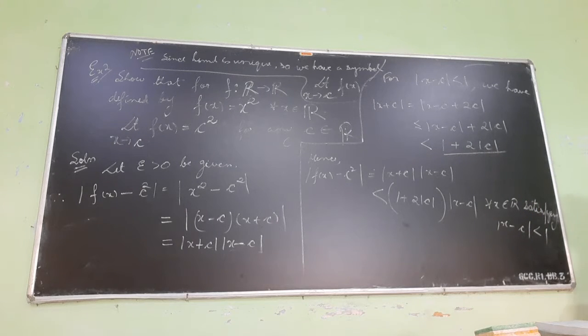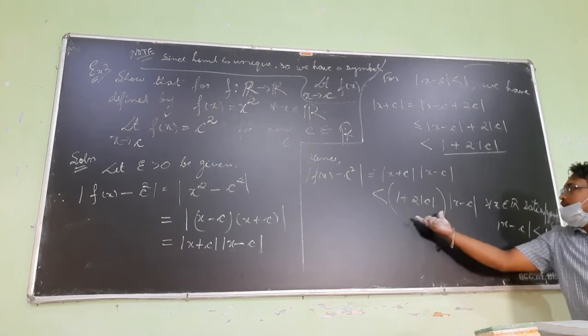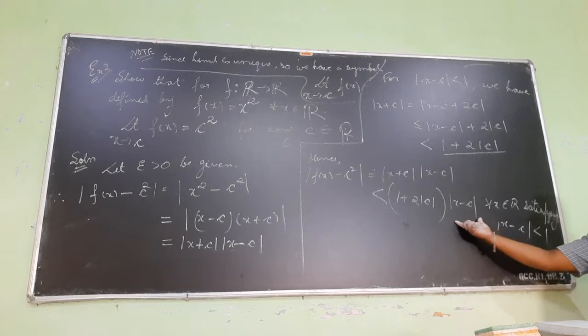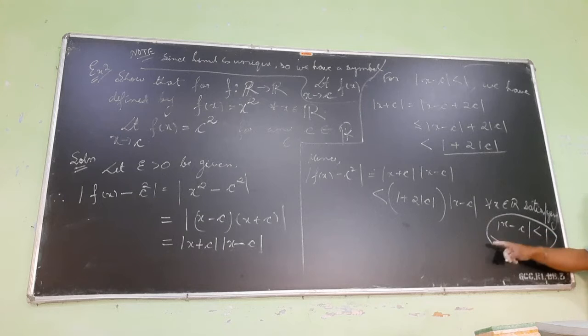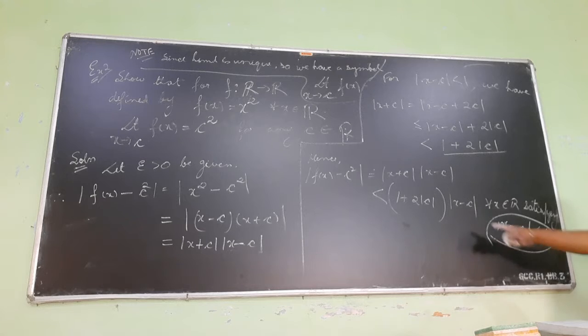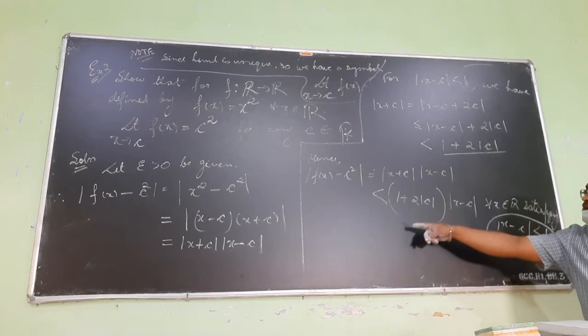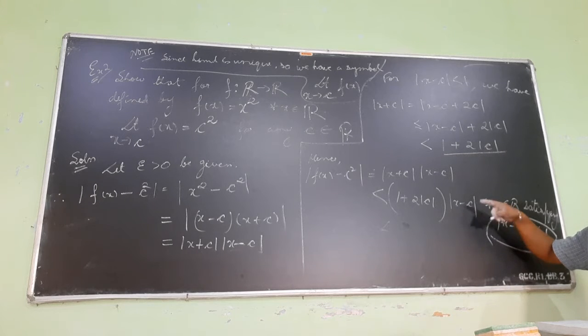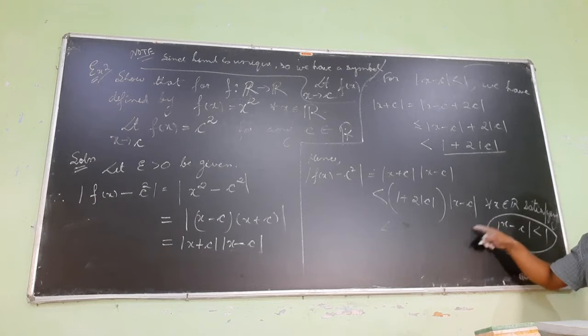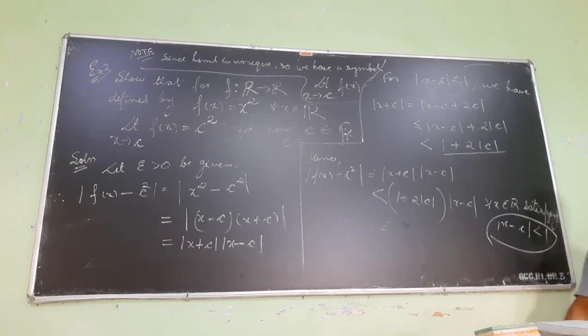So ultimately this is less than 1 plus twice mod c into mod of x minus c in this area, not in the entire R. Now can I make it less than epsilon? We can make it less than epsilon by taking mod of x minus c less than epsilon by 1 plus twice mod c. So what is our delta?